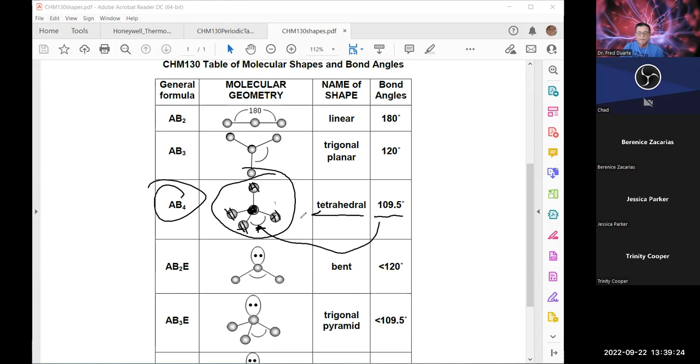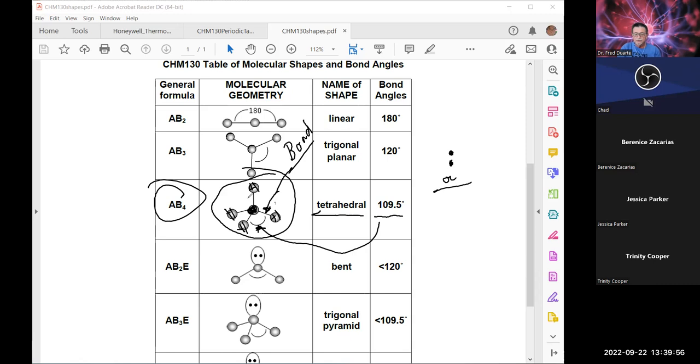And keep in mind, this line here represents a bond, okay? In that bond, we draw a line, but we can also draw 2 dots. So it's either 2 dots or a straight line. And that line represents 2 electrons that are being shared between the central atom and whatever else is bonded to the central atom.